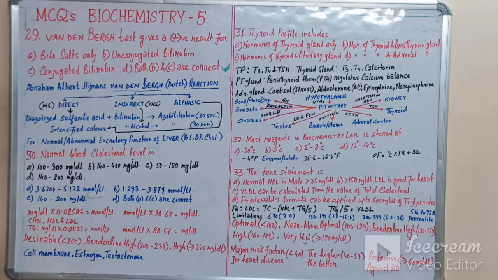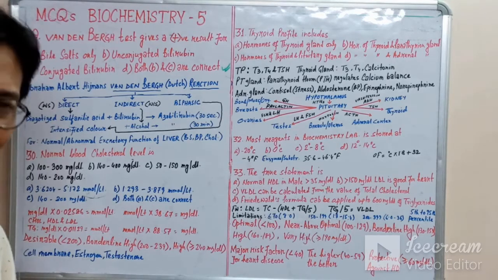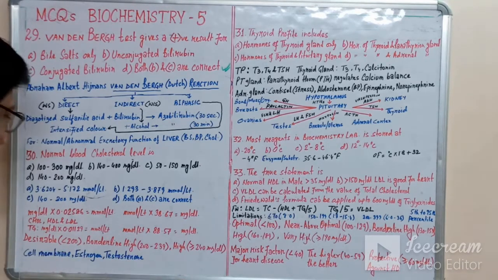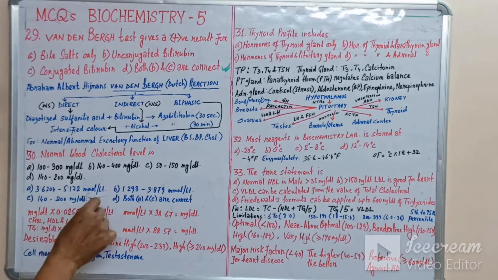So cholesterol is an essential compound for your body, but it is desirable not to go to more than 200 milligram per deciliter. So here is the 200, you can see. You can easily get to the answer 140 to 200 milligram. Borderline high is when the cholesterol level is between 200 to 239 milligram per deciliter, and high is considered when it is more than or equal to 240 milligram per deciliter. So the right answer is option C.